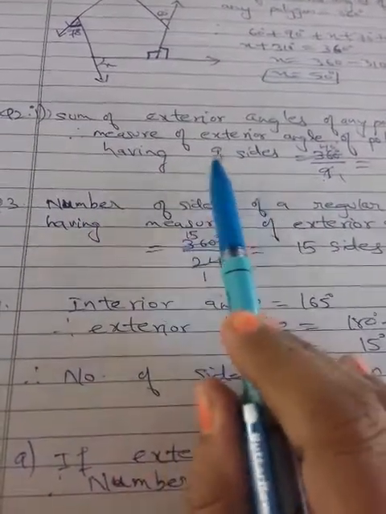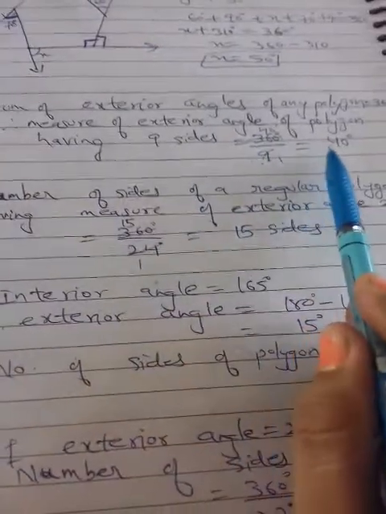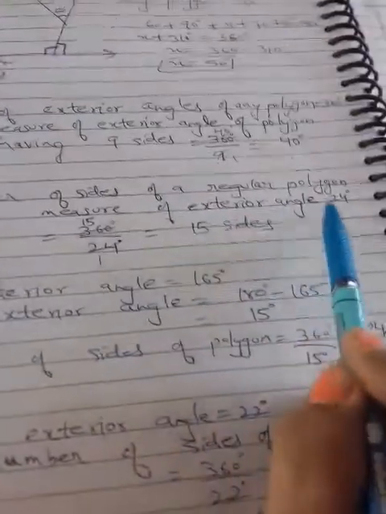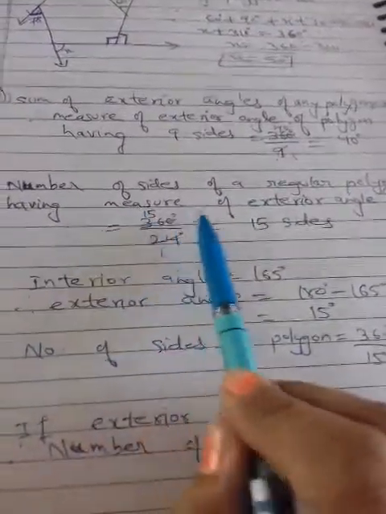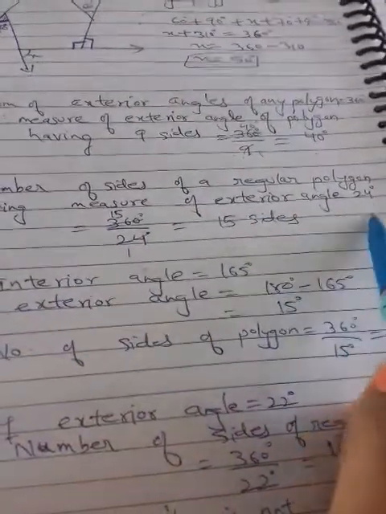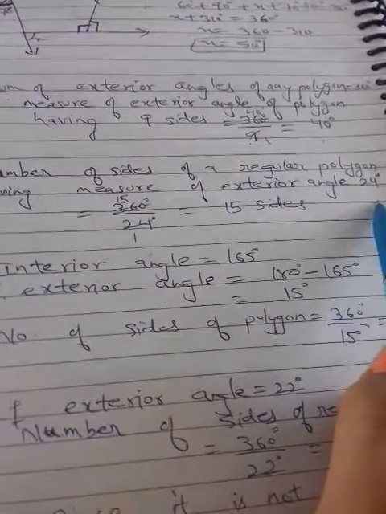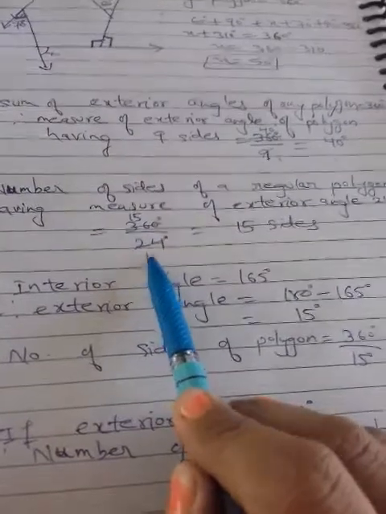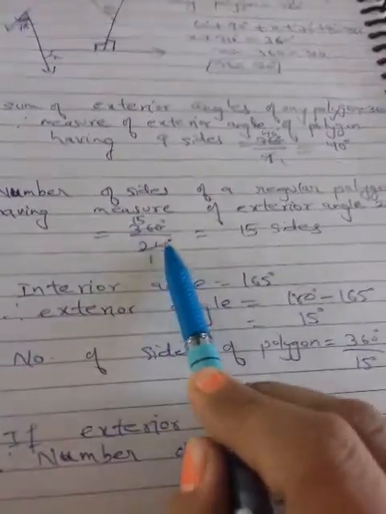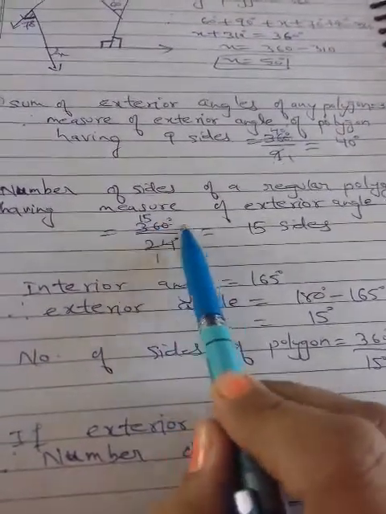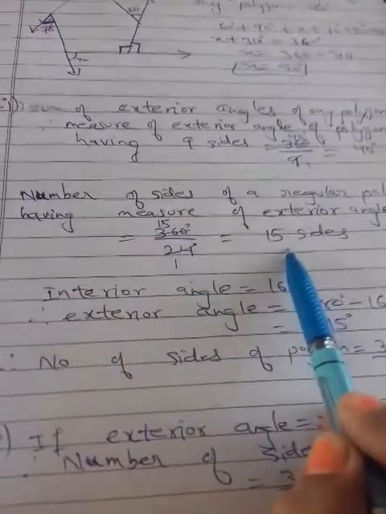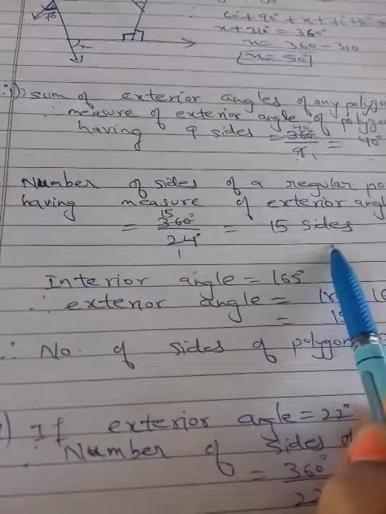As in the above question, the number of sides was given, we had to find the angle. Now in the third question, we need the number of sides of the regular polygon having exterior angle 24 degrees. What we will do, we will divide 360 by the measure of the angle, that is 24 degrees. So 24 1 the 24, 24 multiplied by 15 will give 360. So we have 15 sides.